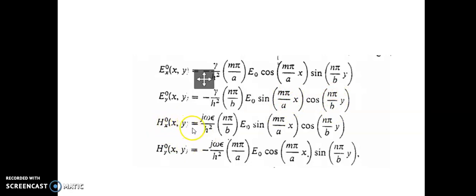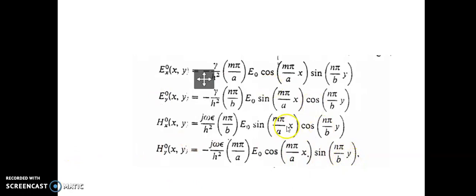Hx0 of xy is equal to j omega epsilon by h square n pi by b E0 sin m pi x by a cos n pi y by b. Hy0 is equal to minus j omega epsilon by h square m pi by a E0 cos m pi x by a sin n pi y by b.